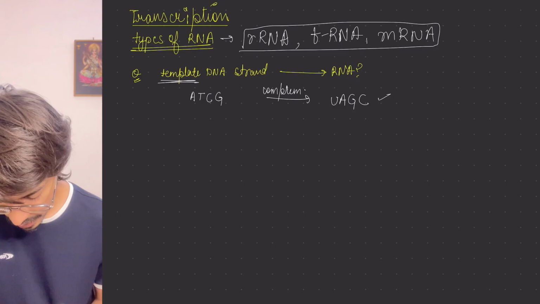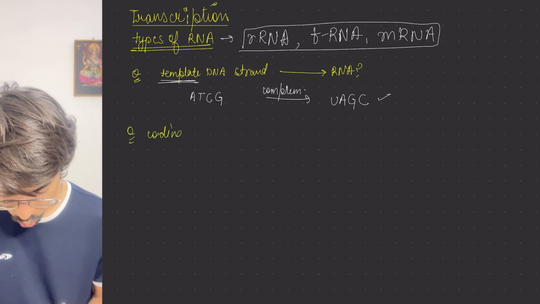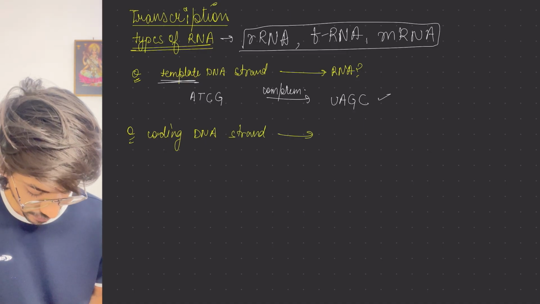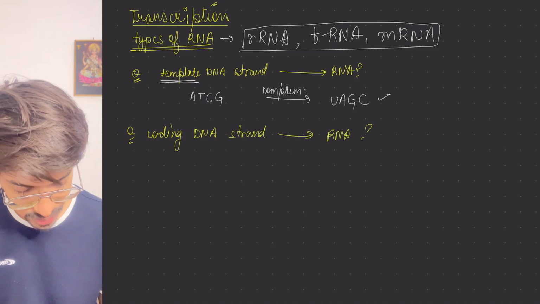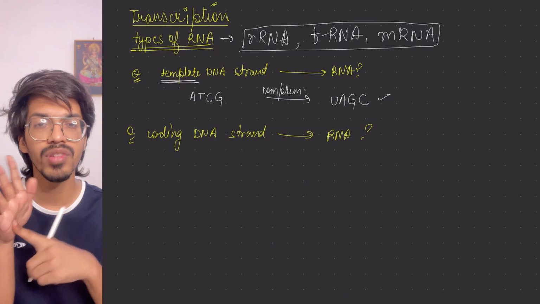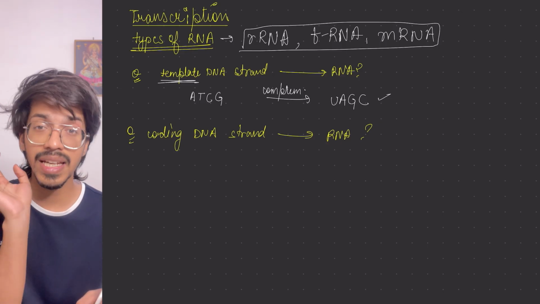But what about the coding strand? If the coding DNA strand is given to you and you have to make RNA, then coding means something which is being coded. Except at the place of T, it will be U. Rest of everything present in the DNA code will be similar.